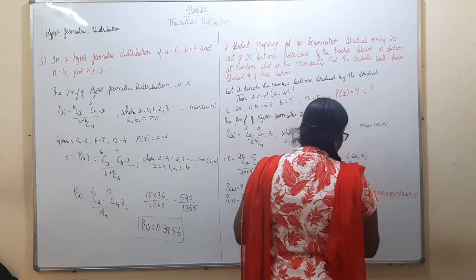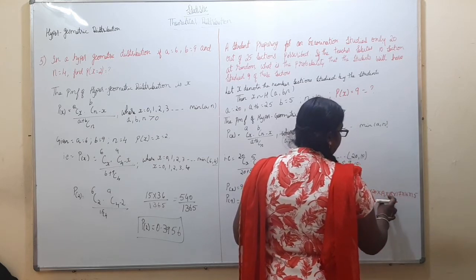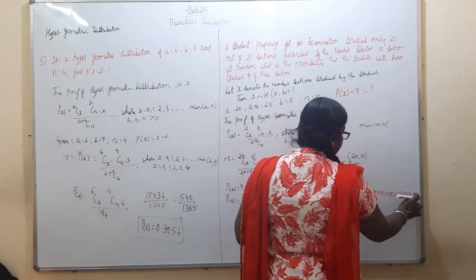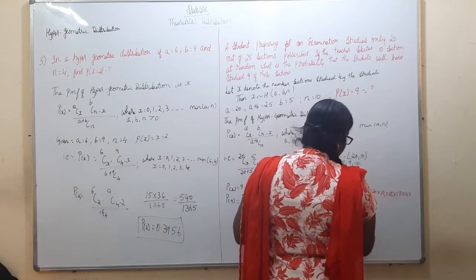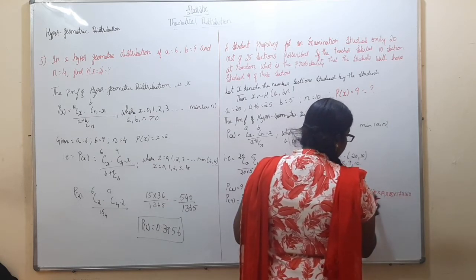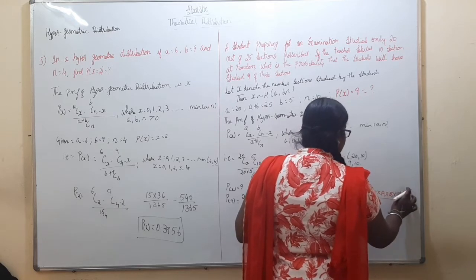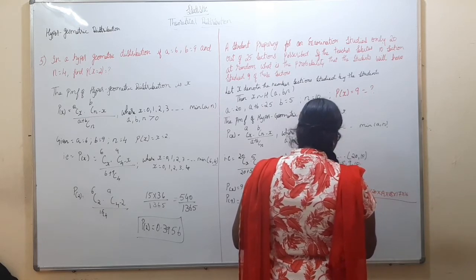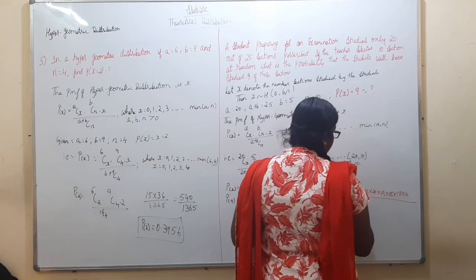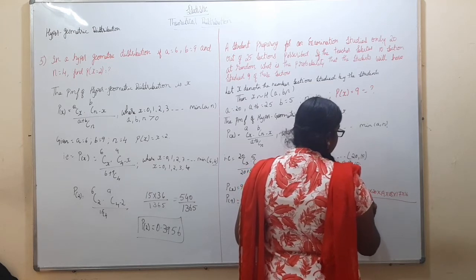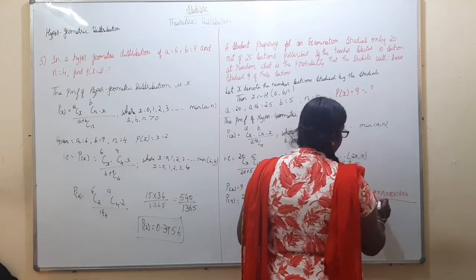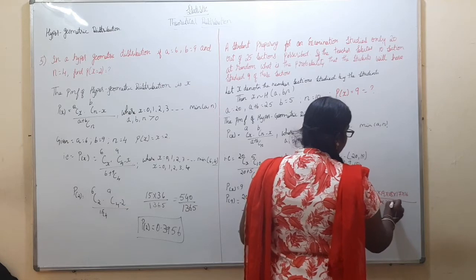So 1, 2, 3, 4, 5, 6, 7, 8, 9, 10, 10 terms, down to 16. Then here it is 10, 9, 8, 7, 6, 5, 4, 3, 2, 1.